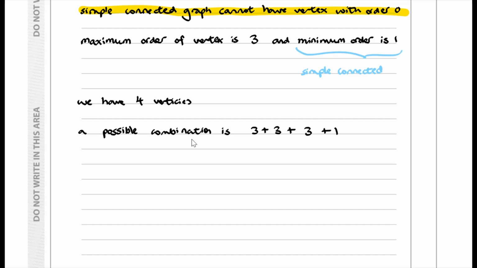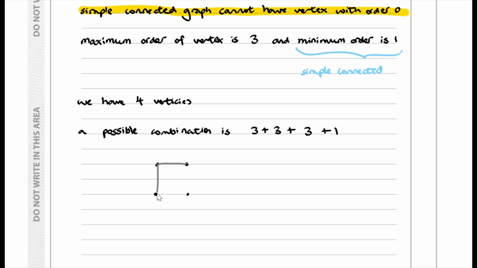Okay, but you'd find this to be impossible, and the reason it's impossible, if I draw 4 vertices and connect them all, we want 3 of them to have order 3 and 1 of them to have order 1.